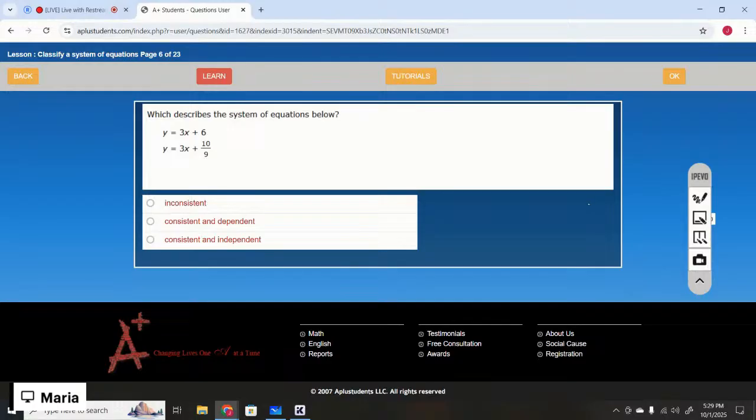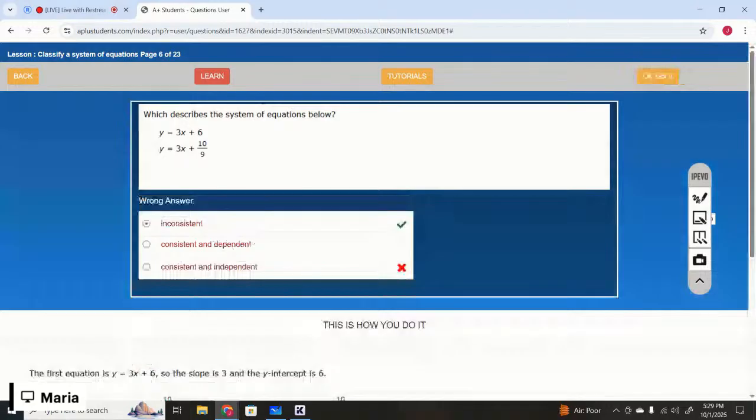That means the system is consistent and independent. Option number 3 is the correct option. Oh, inconsistent. They have the same slope, so the system is inconsistent.